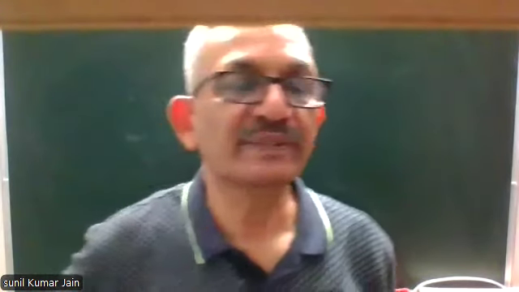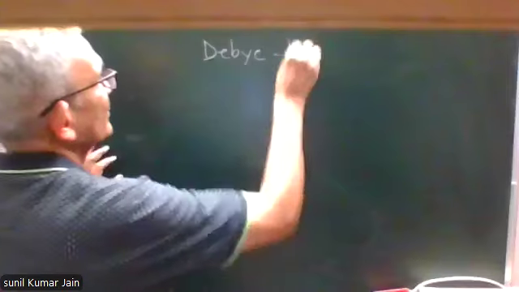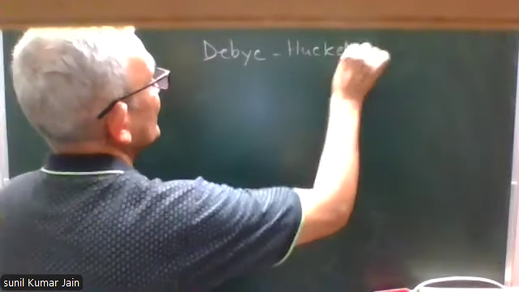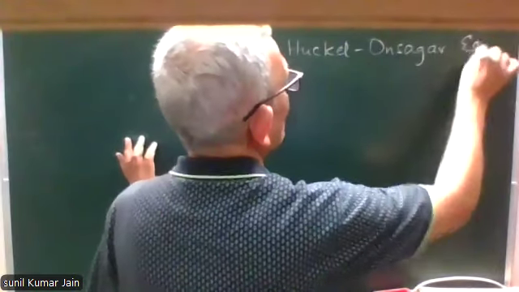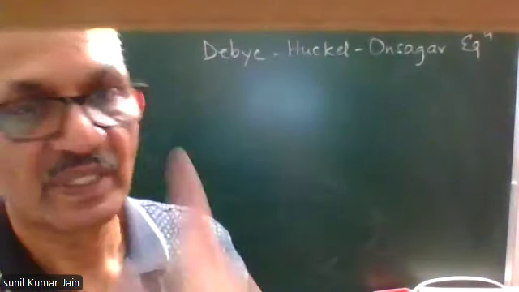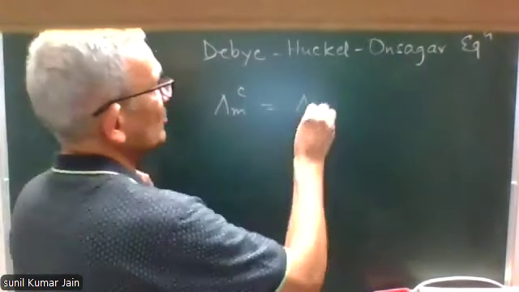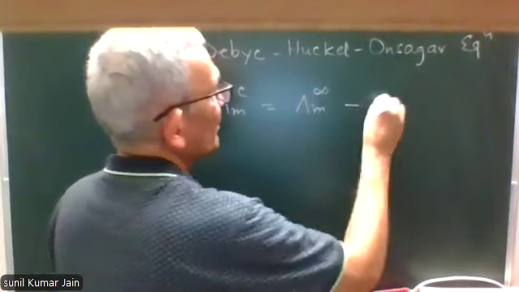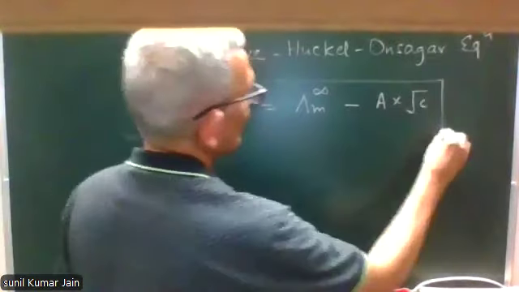It is given by the following Debye-Huckel-Onsager equation. Now, what is this equation? Lambda mc is equal to lambda m infinity minus A into square root of c.